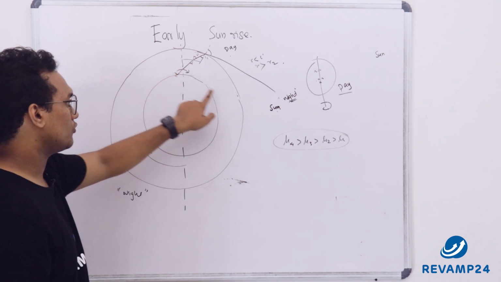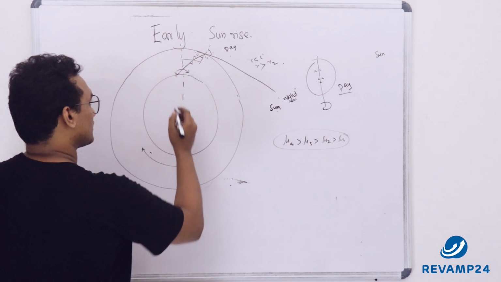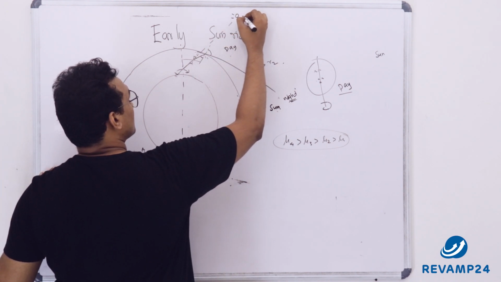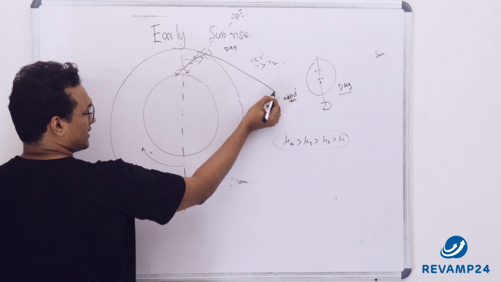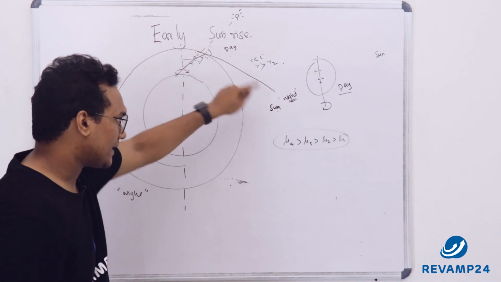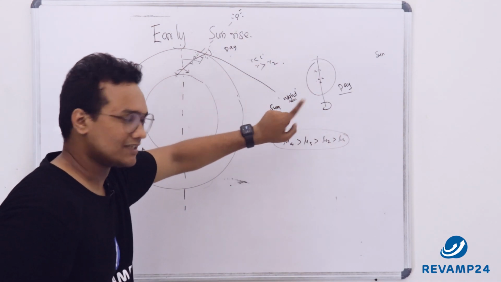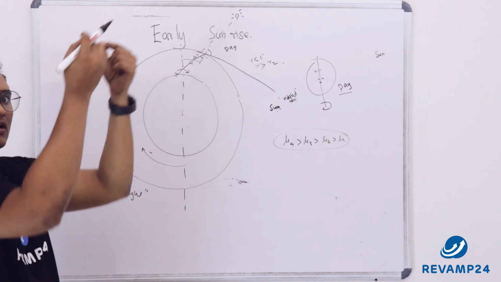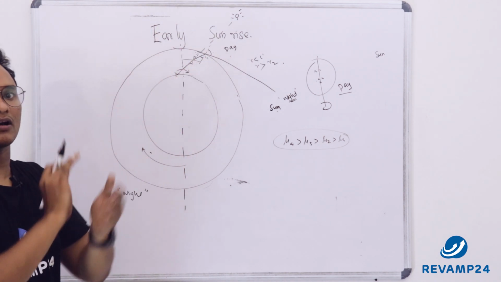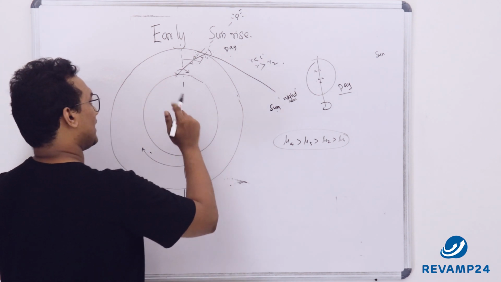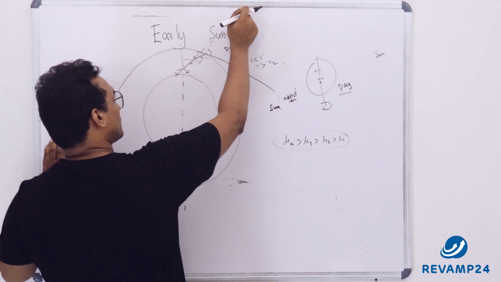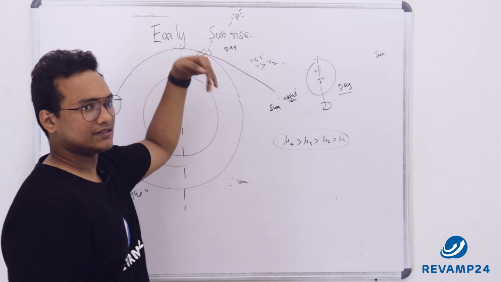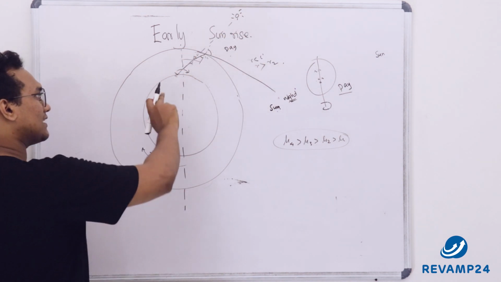Now this person would be able to see the sun, because for this person the sun is somewhere here, since the light that carries the image of the sun is traveling in this direction and reaching our eye. We have a ray that carries the picture of the sun. For us, it will seem the sun is in this line, so we will see the sunrise. So this is an early sunrise.